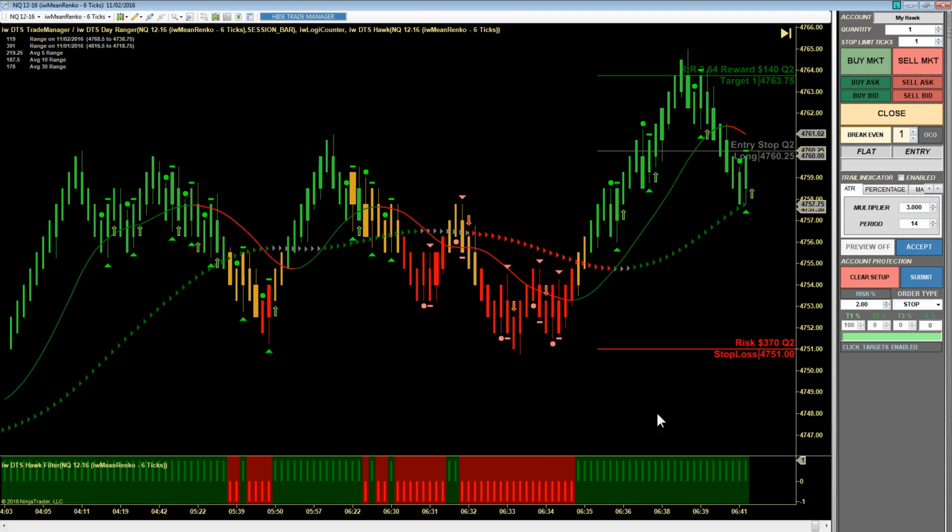And let me ask you this. Which trade has the higher probability of success? The trade with the stop right here, or the trade with the stop right here? Forget risk reward. We're talking probability. Which trade has the higher probability that it will reach the profit target?